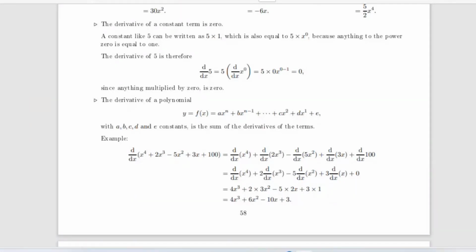And then minus 5 times the derivative of x squared is minus 5 times 2x. And 3 times the derivative of x is 3. Where is that 1 coming from now?